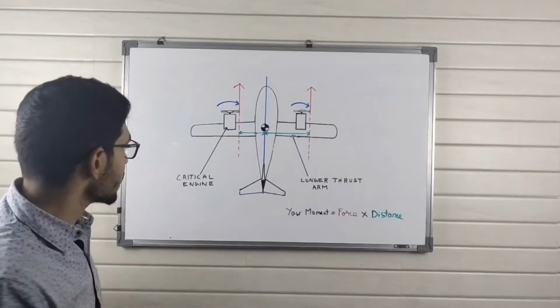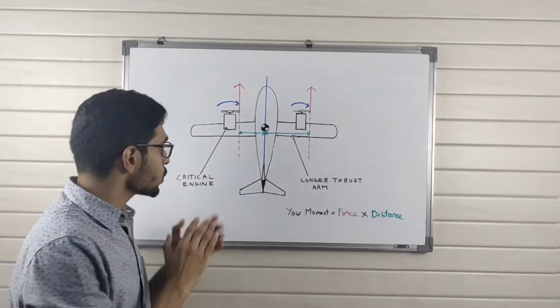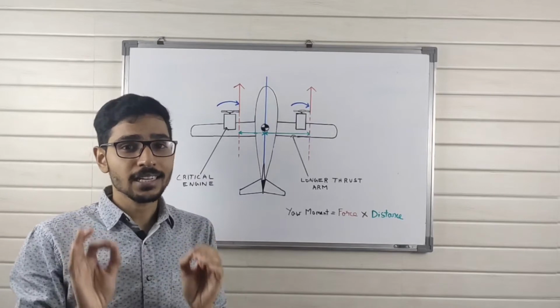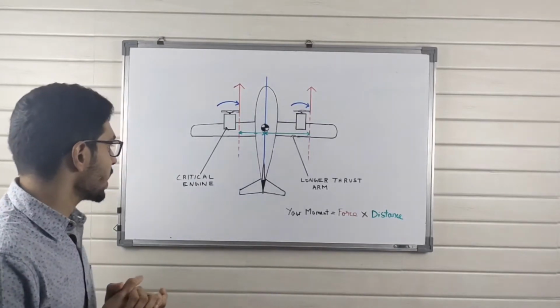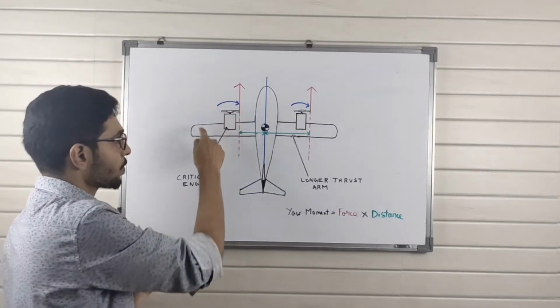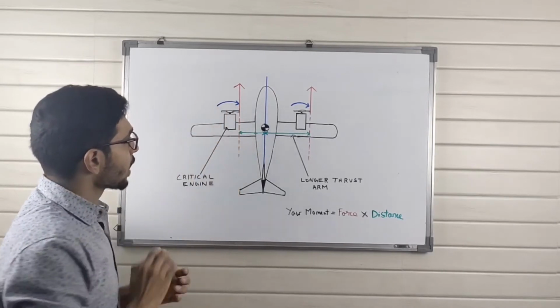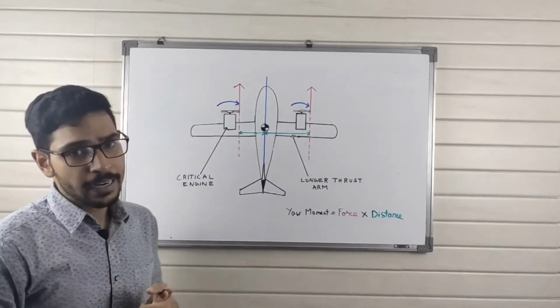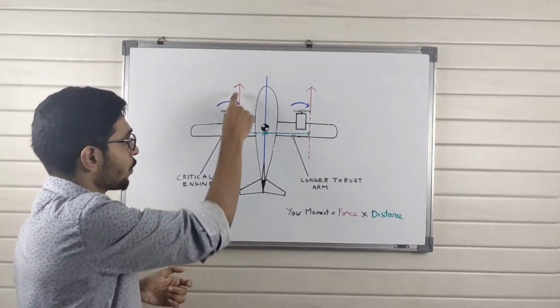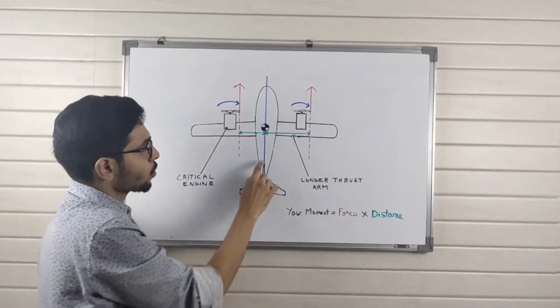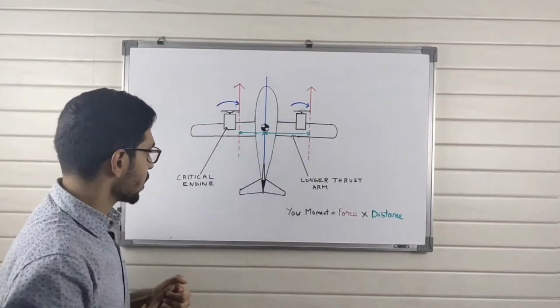So critical engine is that engine whose failure gives you the greatest yawing moment. So critical engine in this case is this engine. Critical engine is also identified by its center of thrust lying closest to the center line of fuselage.